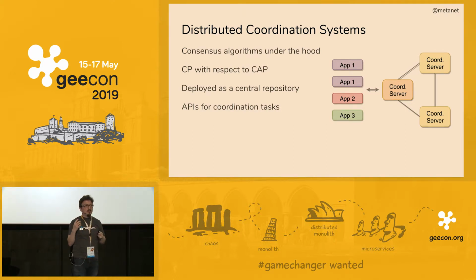And since running consensus algorithms is expensive, we usually do not put large data sets on these systems, and we also do not place them on the critical path of our applications. So they are usually deployed as a central repository, and they serve several applications and expose coordination primitives. So we will take a look at a couple of these systems and investigate their APIs.